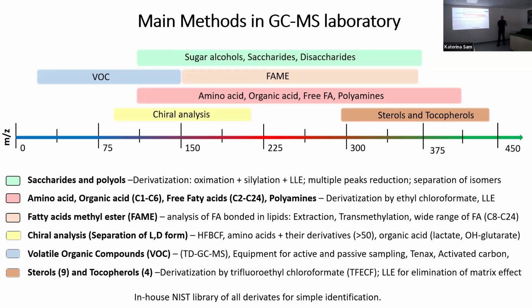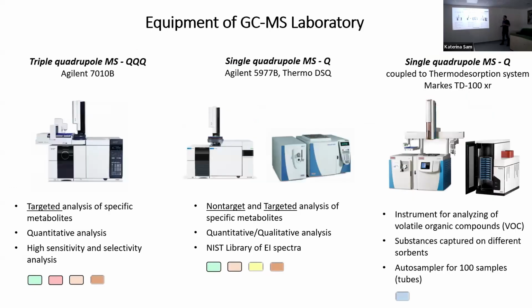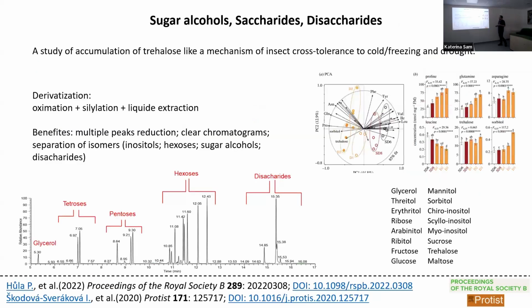My colleague Petr Vodrážka had a presentation, I don't know, 1 or 2 months ago. I'm not sure about this analysis. And last is our sterols and tocopherols analysis. In the GCMS lab, we don't have a high resolution mass spec. We have only a low resolution mass spec.